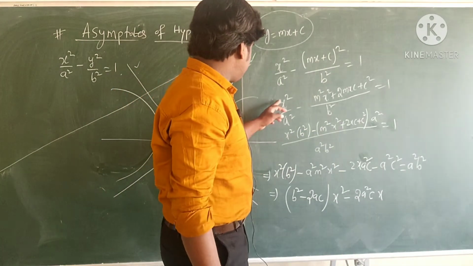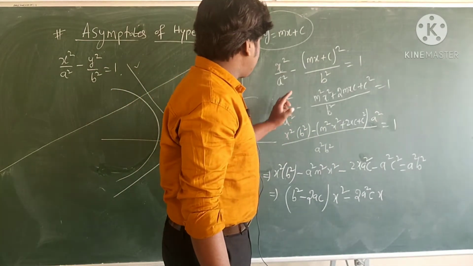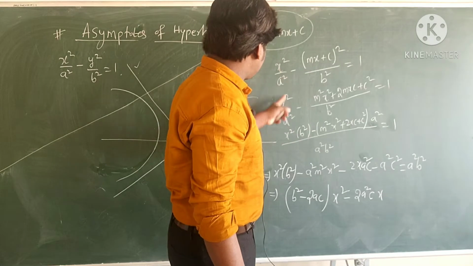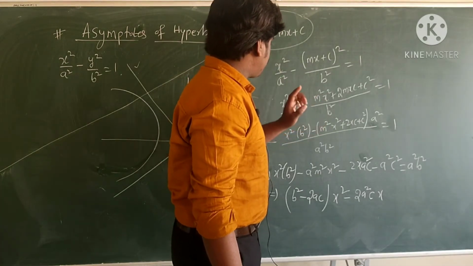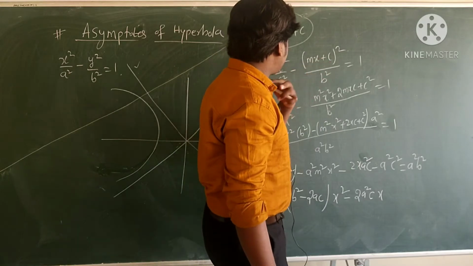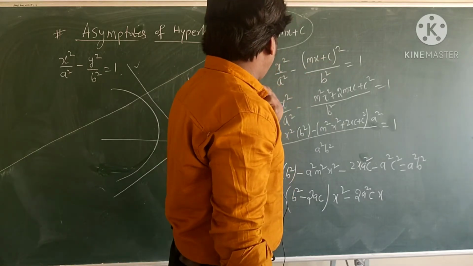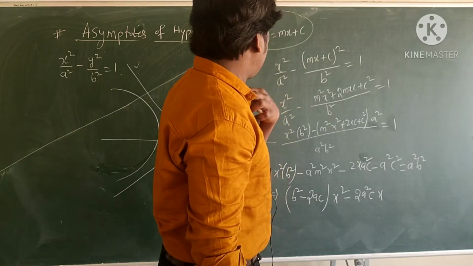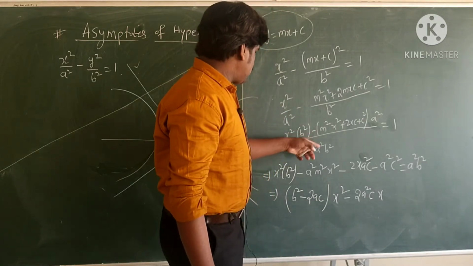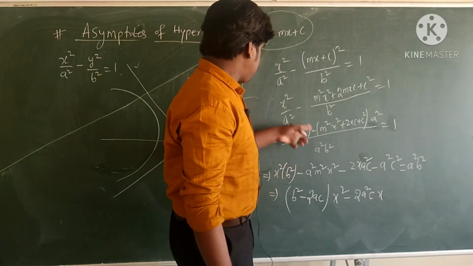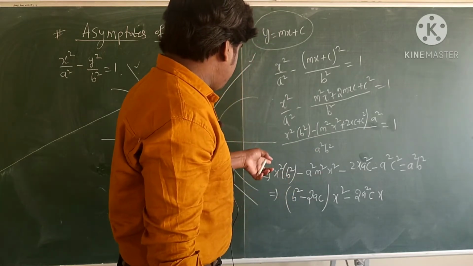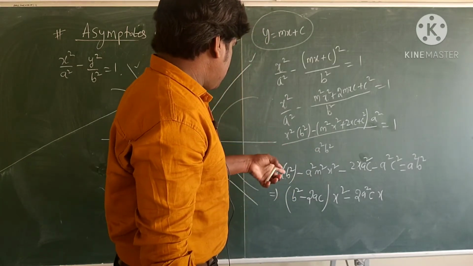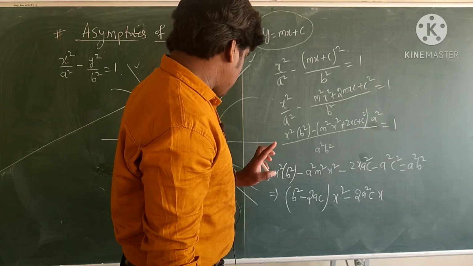Let me see once again. x square into b square minus m square x square, plus 2mxc plus c square, b square, okay. a square b square LCM, b square multiplied here, a square multiplied here, okay. x square coefficient is clear?